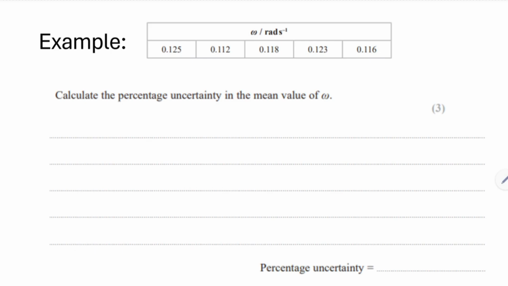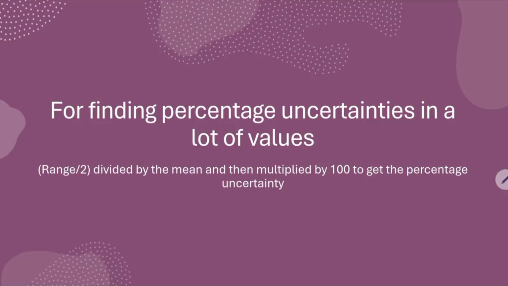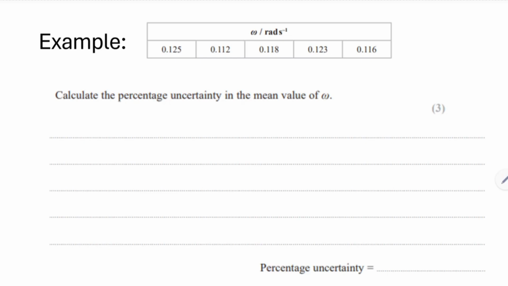So first of all, you need to do the range over 2 divided by the mean, times 100, and that is equal to the percentage uncertainty.